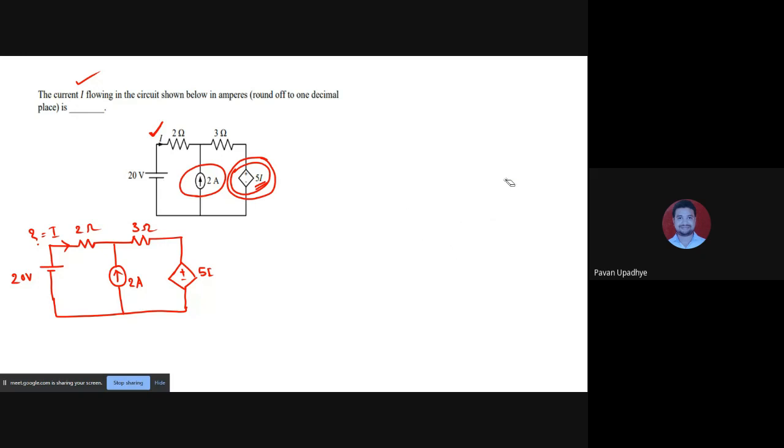So we have the expression: algebraic summation of voltages is equal to 0. While doing so, rise in potential should be considered positive and fall in potential should be considered negative.